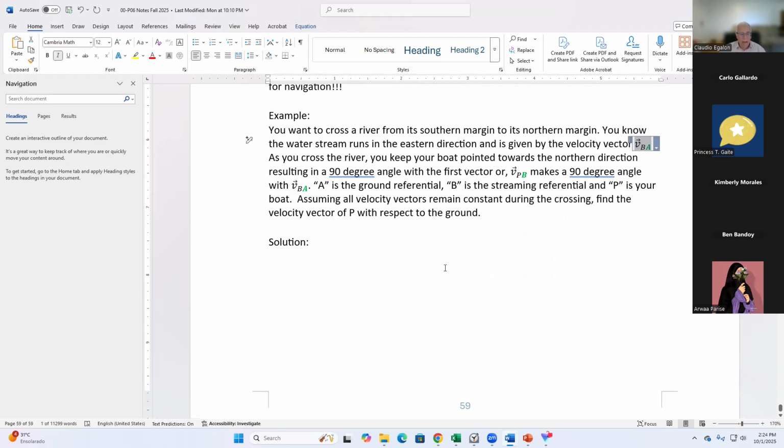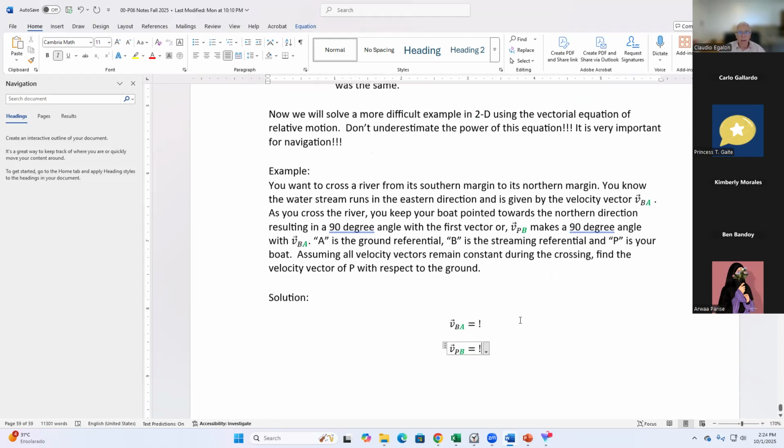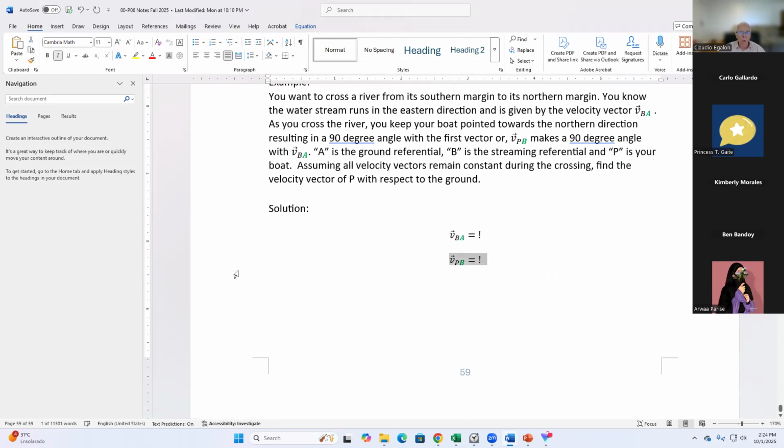You know VBA, the velocity of the stream. You know the relative velocity of your boat with respect to the stream, and what you don't know, and want to find out, is the relative velocity of your boat with respect to the ground.